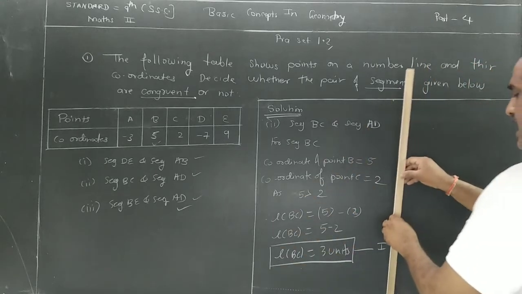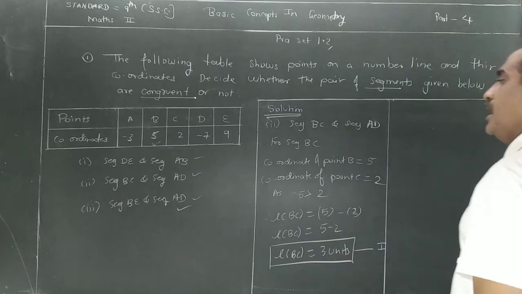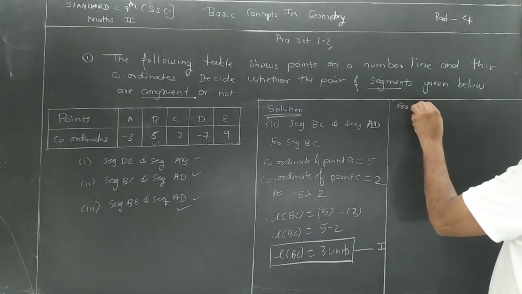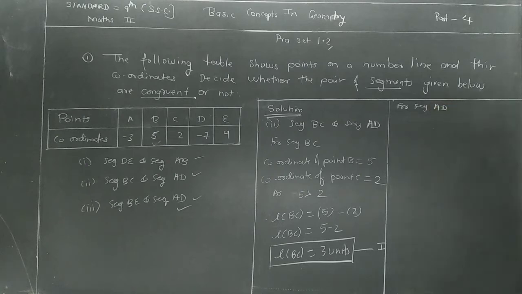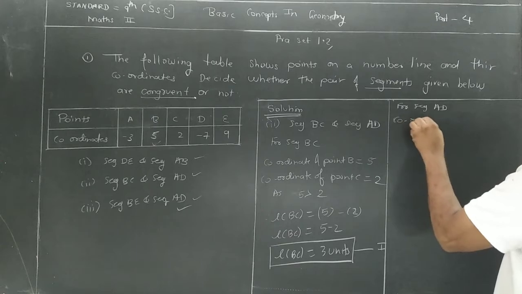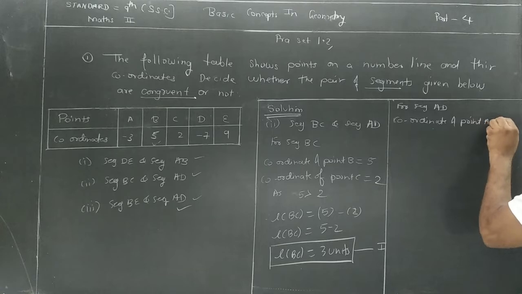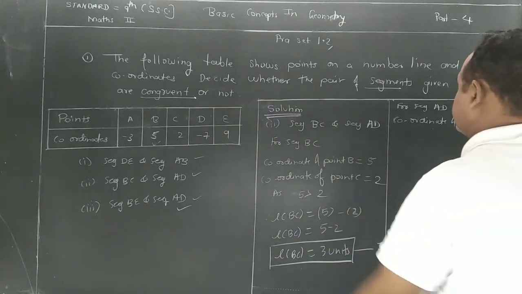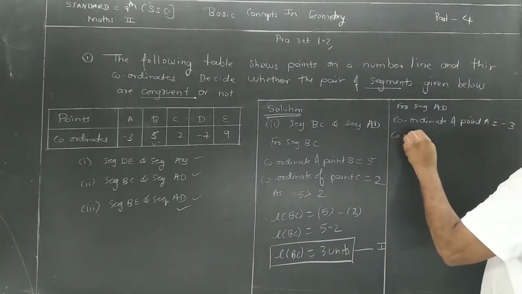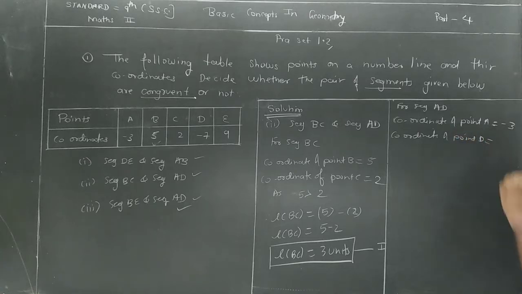Have you understood this? And the second part is for segment AD. Again, what are you going to write? Coordinate of point A. A is nothing but minus 3. Check it. Minus 3. And coordinate of point D. D is nothing but minus 7.